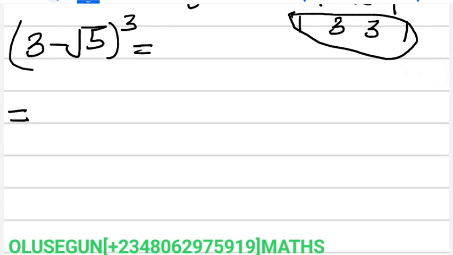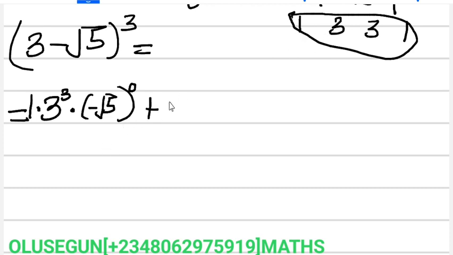In view of this, the first thing you do is 3 raised to power 3 dot minus root 5 raised to power 0, so that 1 will multiply this 1. Now plus the coefficient 3 dot, this 3 will reduce to 2, 3 squared dot minus root 5, which starts from 1.